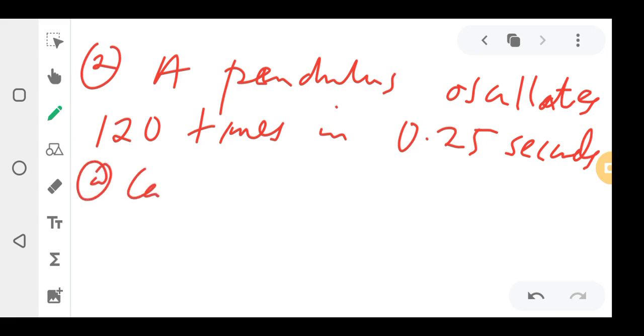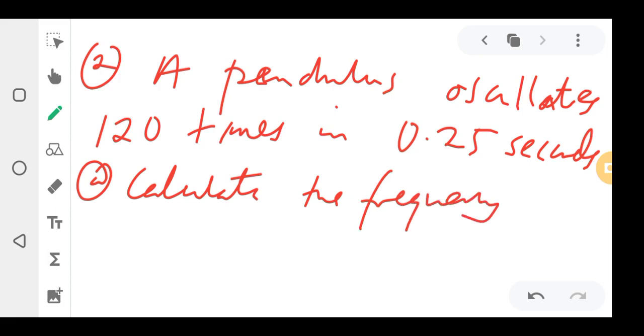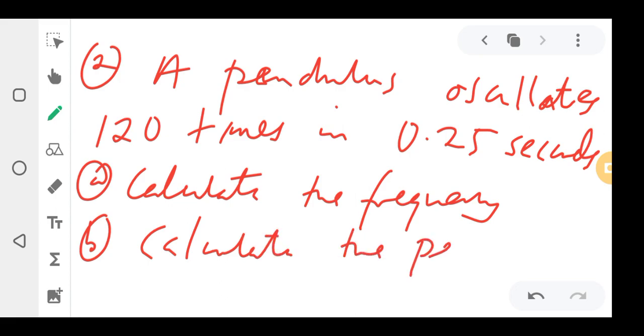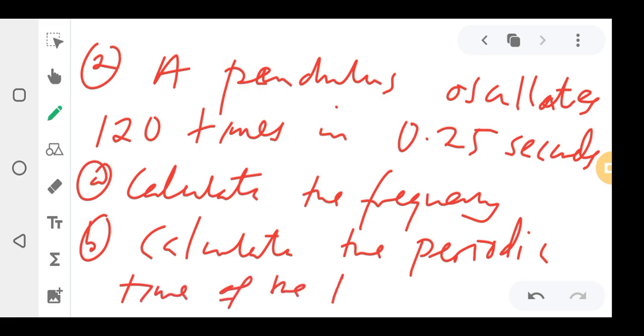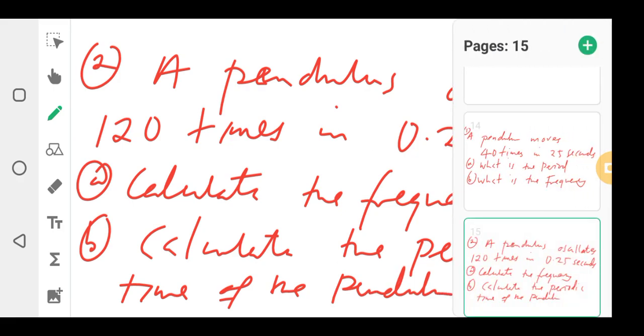A, calculate the frequency. B, calculate the period or periodic time of the pendulum.